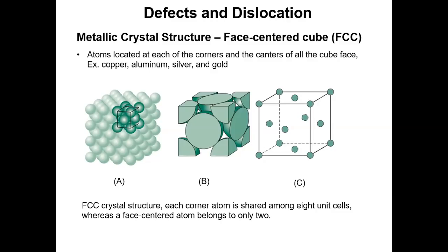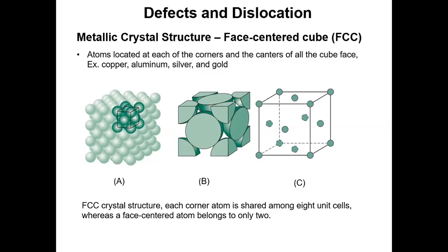In the FCC crystal structure, you see that there are atoms in the corners, but they are shared. This atom does not totally belong to this unit cell. It is shared with 8 unit cells.